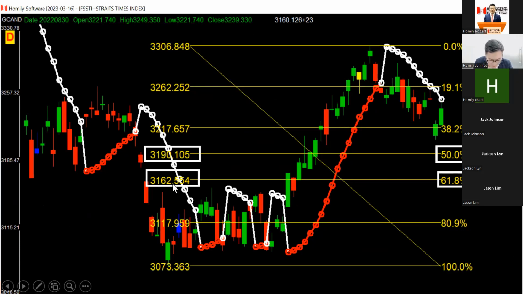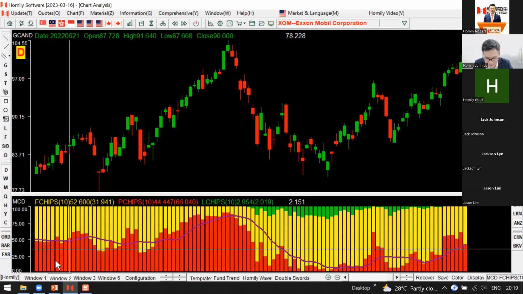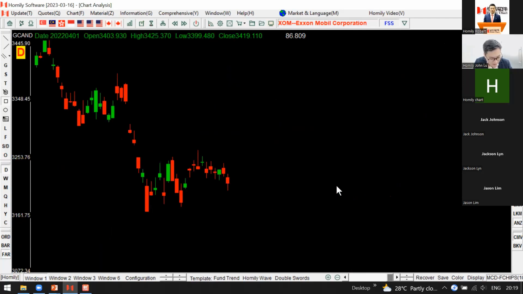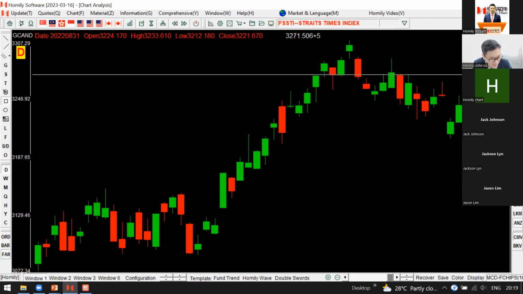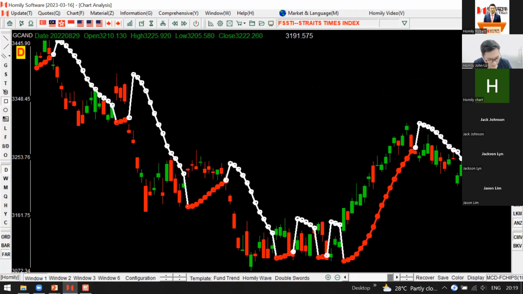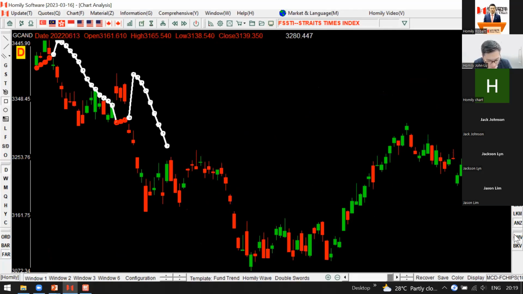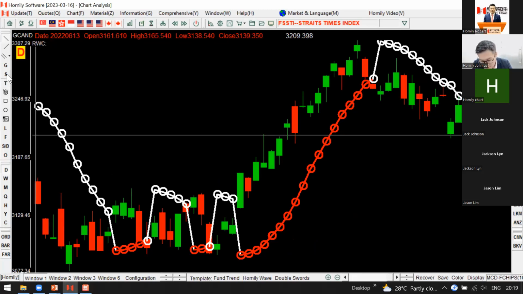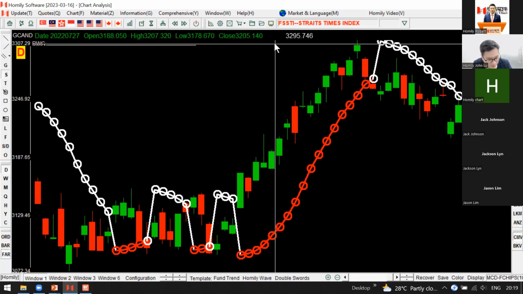Now let me share with you today's closing. Then we check the latest chart for STI. I open STI on the PC version, then use the red and match circle. You see it drops down. If you have interest, I can also do another Fibonacci retracement from our PC version. If you have no foundation, never mind.